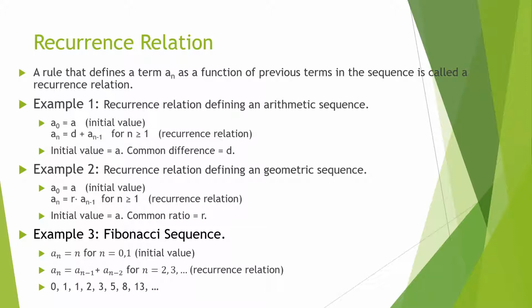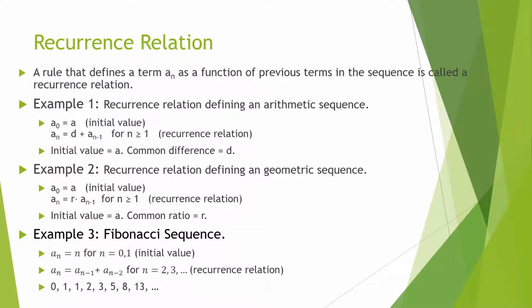Another example of recurrence relation is when you're defining a sequence like the Fibonacci sequence. The Fibonacci sequence is a sequence that is defined in the following way. The first two terms, with index 0 and 1, are defined in the following way: a_n is equal to n.